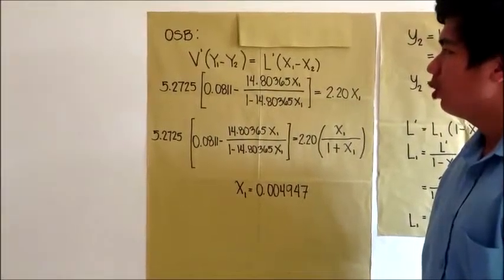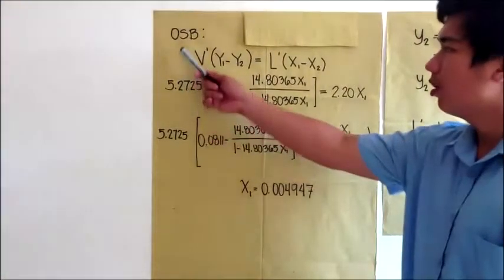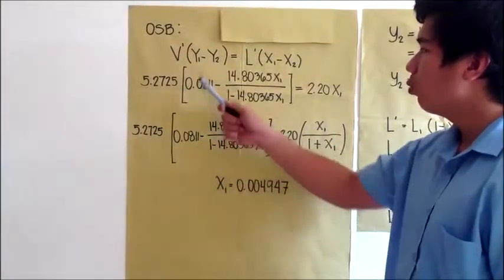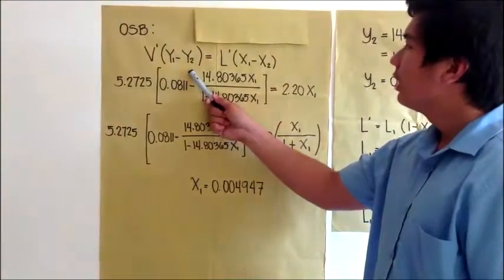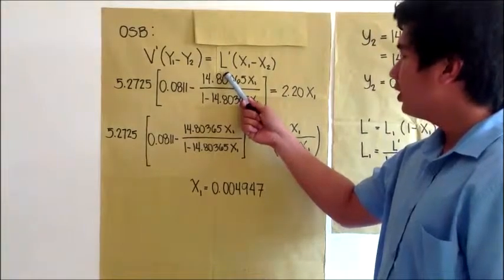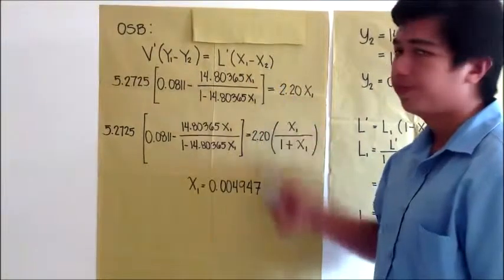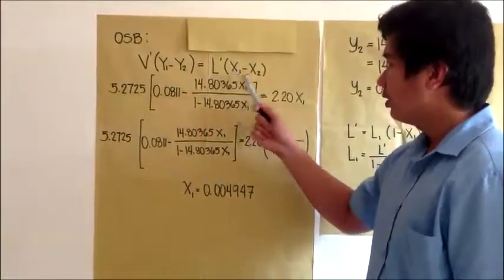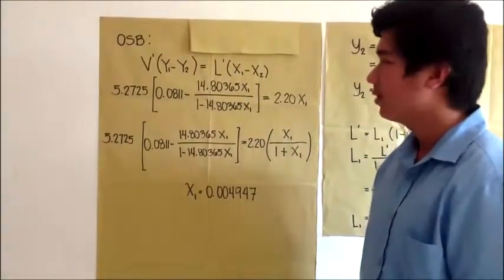We now proceed to our OSB, or overall solute balance. It is V prime times quantity Y1 minus Y2 is equal to L prime times quantity X1 minus X2. We must take note that these concentrations must be on a dry basis.